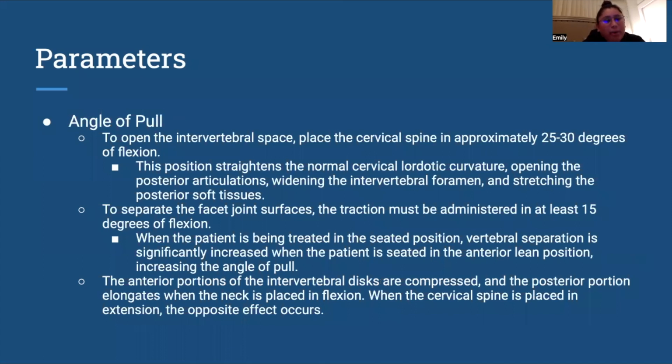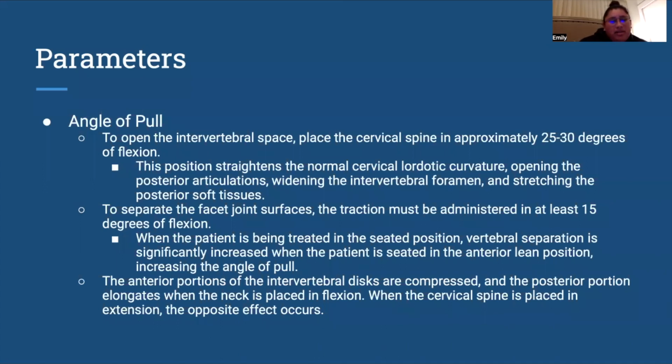So the angle of pull for cervical traction, to open the intervertebral space, you have to place the cervical spine in approximately 25 to 30 degrees of flexion. This position straightens the normal cervical lordotic curvature, opening the posterior articulations, also widening the intervertebral foramen and stretching the posterior soft tissues.